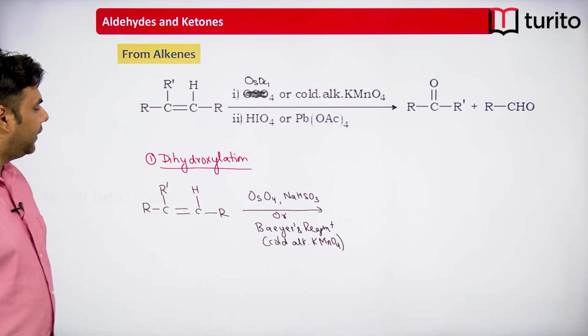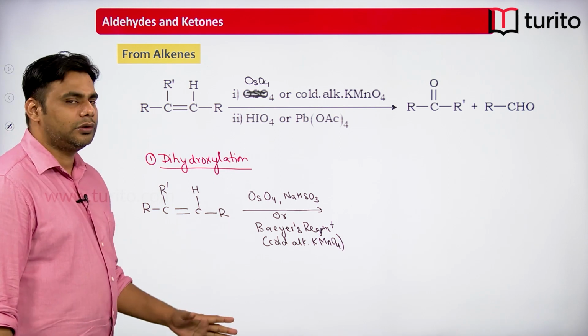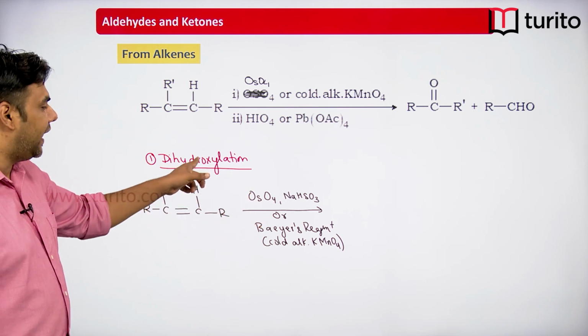Okay. So we are having a double bond, and to this we add osmium tetraoxide, NaHSO₃, or we add Baeyer's reagent. We know that both these reagents cause a dihydroxylation.